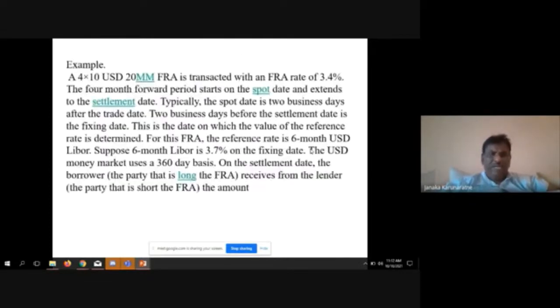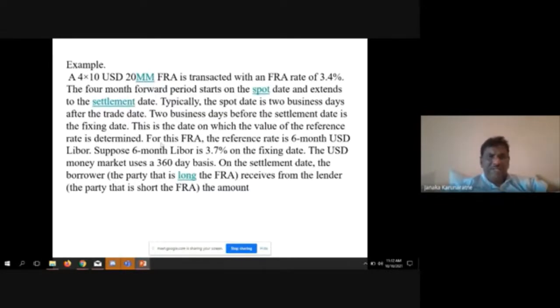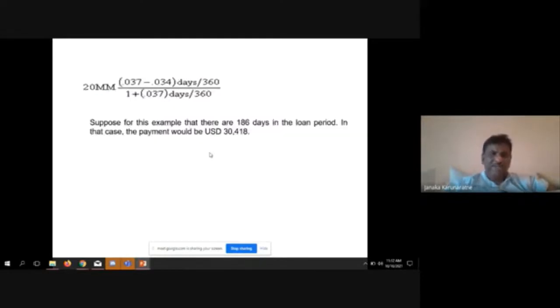Notional principal is 20 million here. The FRA rate is 3.4. The reference rate, the 6 months LIBOR, is 3.7, times number of days divided by 360, the day count convention, divided by 1 plus the reference rate.